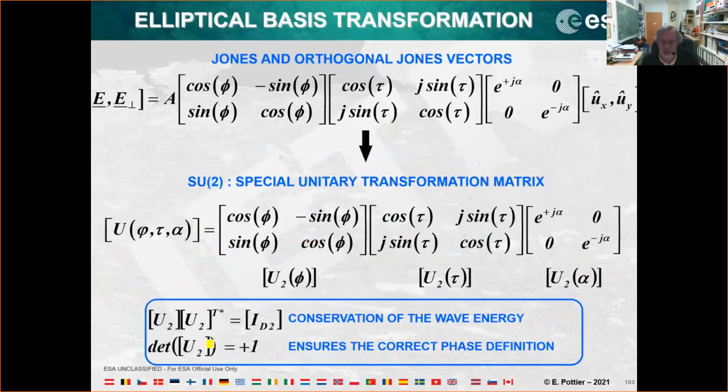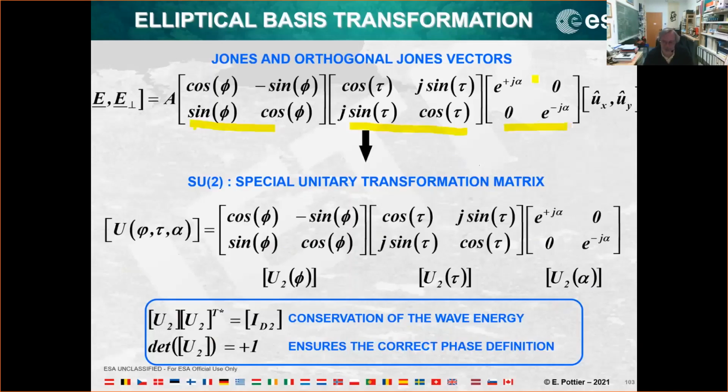Okay, just to remember that this is the Pauli matrices. This is an orthogonal group. This is what we call a special unitary transformation matrix. It is a specific group. So we shall use these matrices to make any kind of basis transformation.